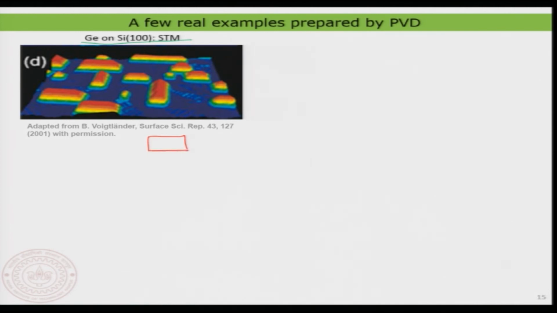So these islands are not majorly controlled by the germanium-silicon interaction, or you can call it the adsorbate-surface interaction, the E inter, is actually controlling this.